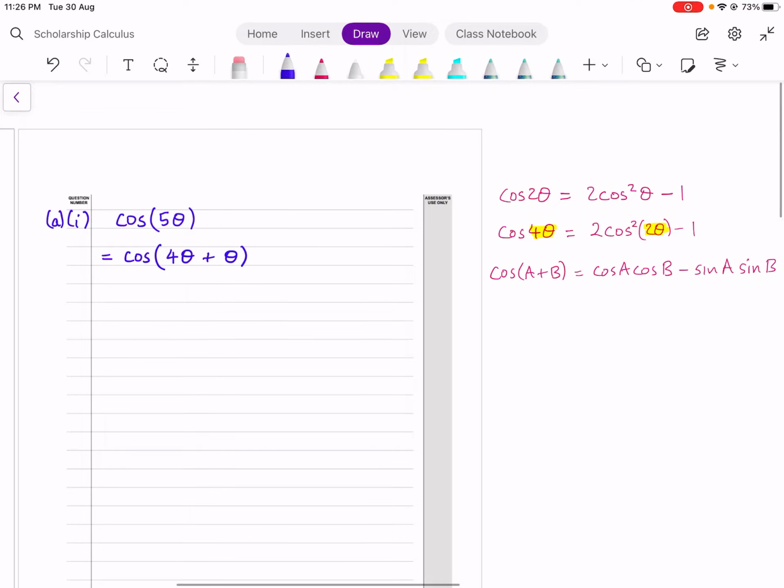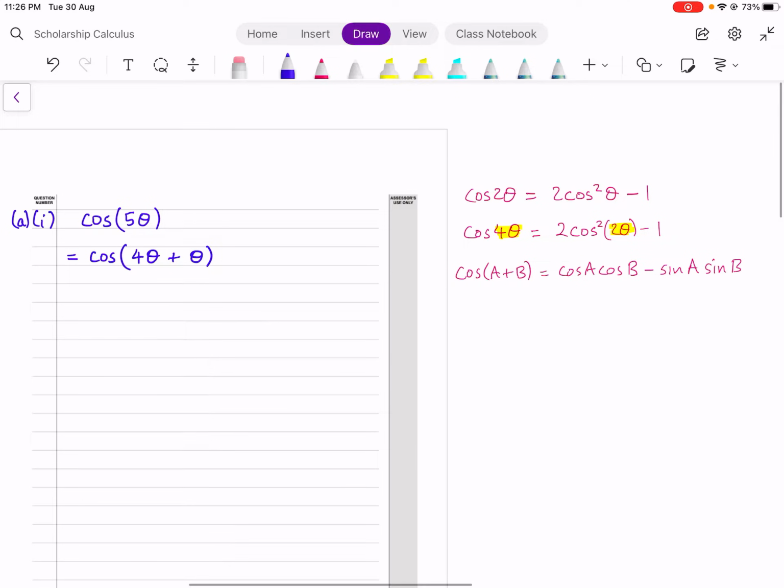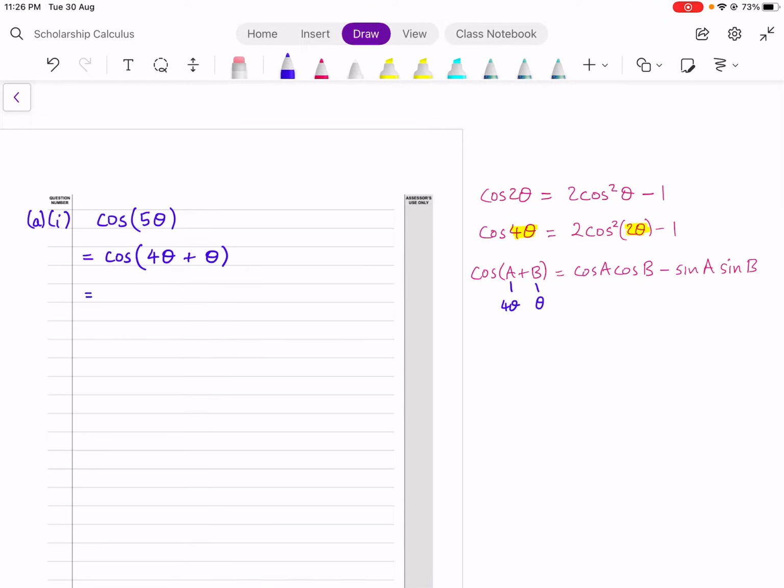We split the 5 theta, and let a be 4 theta and b be theta, and that's our starting point. So we've got cos 4 theta cos theta minus sine 4 theta sine theta.